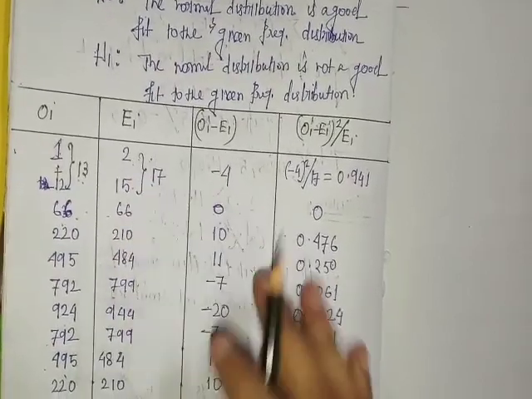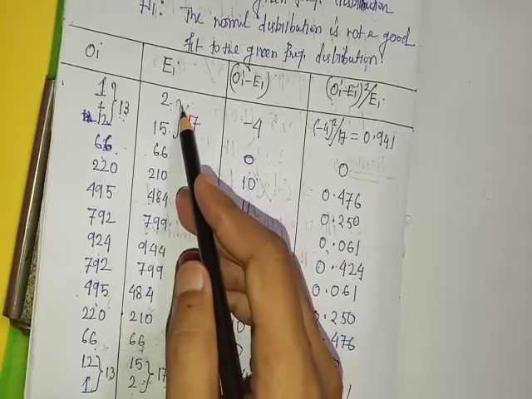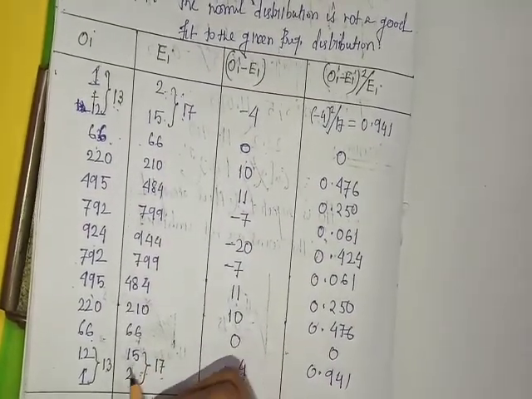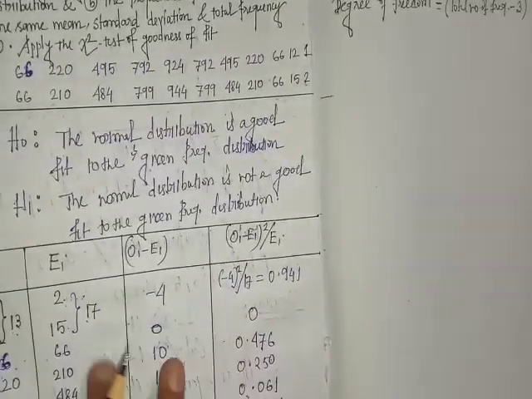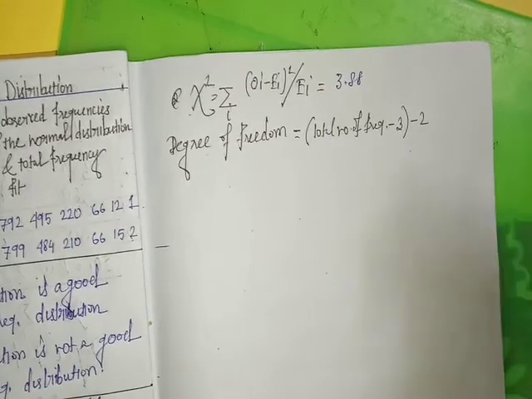This is the first degree of freedom lost, this is the second degree of freedom lost. Then the new degrees of freedom becomes total number of frequency minus 3 minus 2.